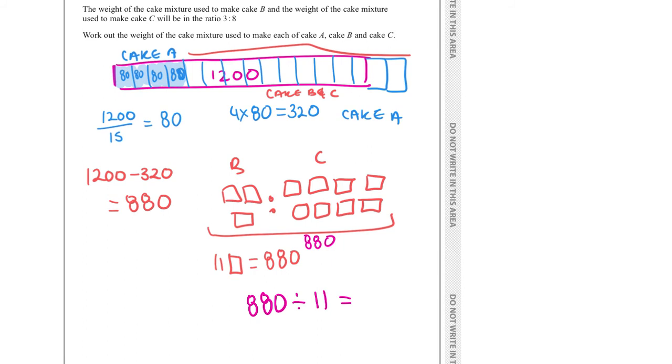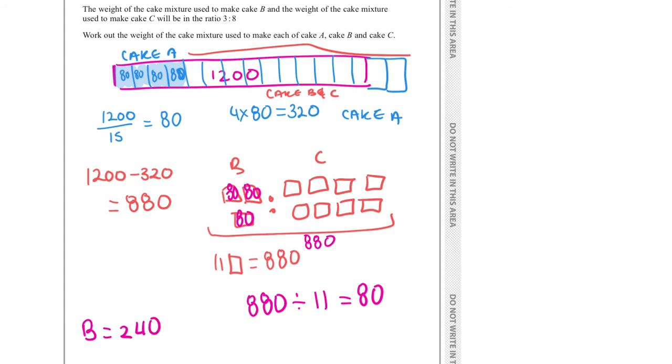What do I get? This is going to give me 80. So, there is still 80, okay? But B has 3 80s. So how many grams is B? 3 times 80 is 240.